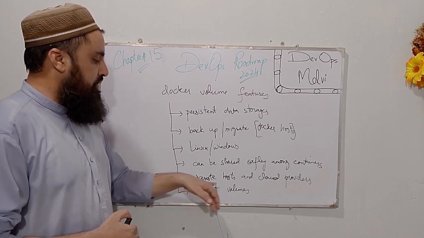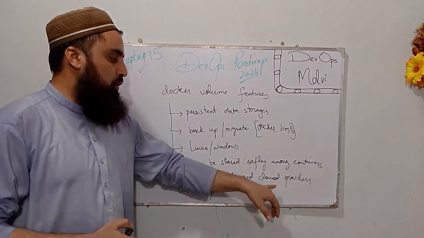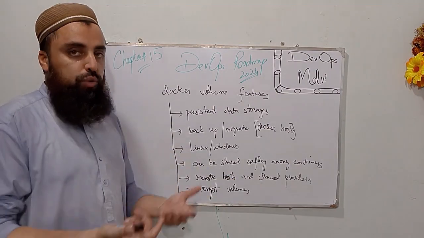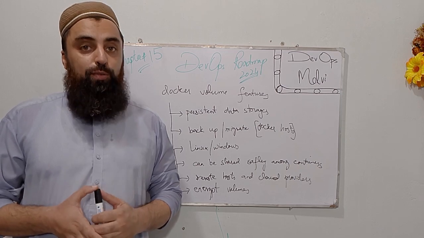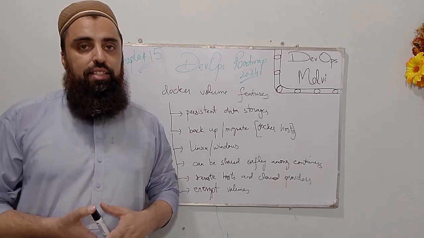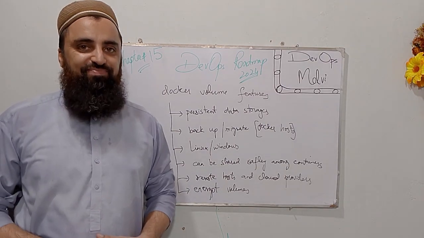We can store Docker volumes on different and remote hosts and cloud providers, and we can also encrypt our Docker volumes. So I hope that your Docker volume concepts are now clear. Now let's jump in and start doing the lab.